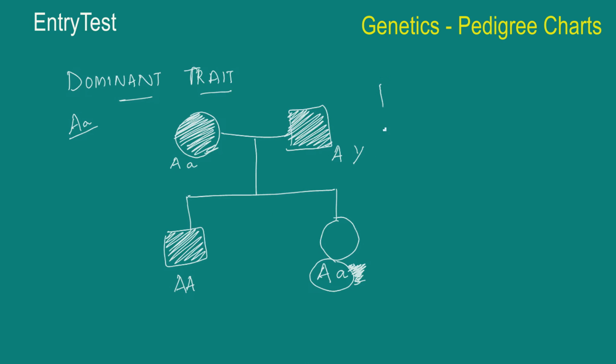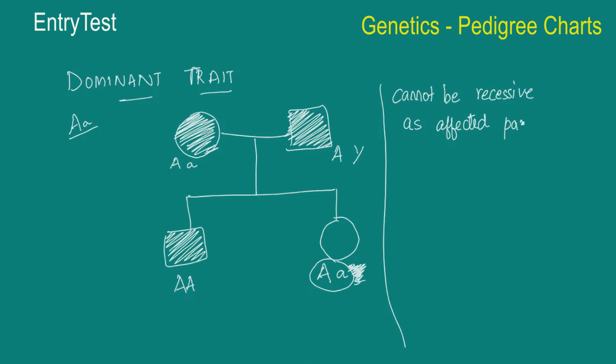And so in this case, you need to remember a few points. One is, the dominant trait cannot be recessive, as the affected parents cannot have an unaffected offspring.